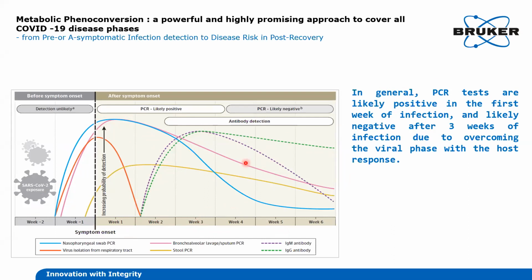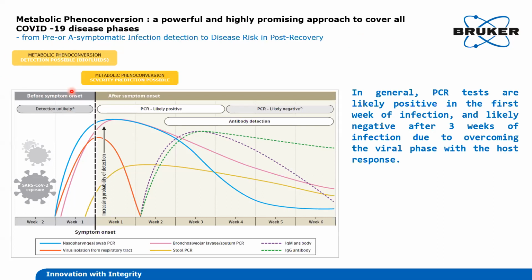But when you look into the approach suggested by this research group, there is a metabolic conversion, which is actually a very powerful tool that allows us to cover all the COVID-19 disease phases. So it allows us to detect these metabolites, especially in the earlier stage, related to the incubation period.